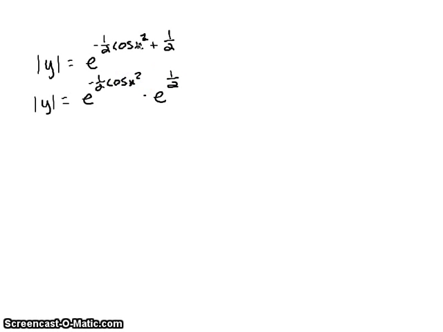In this case, we're actually going backwards. We have addition in our exponent, so we're going to pull it apart. What we can do from there is e to the 1/2 power we know is just the square root of e. So they can write it as square root of e times e to the 1/2 cosine of x squared.